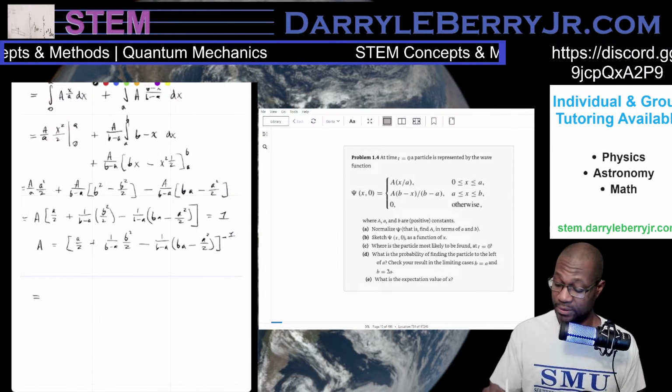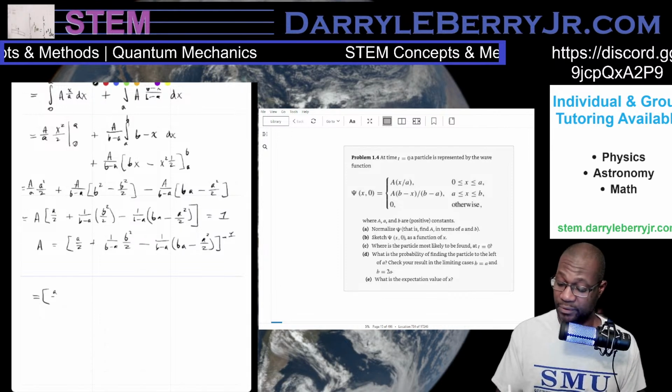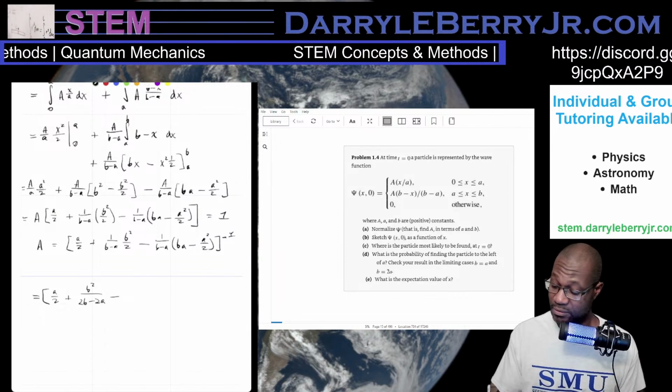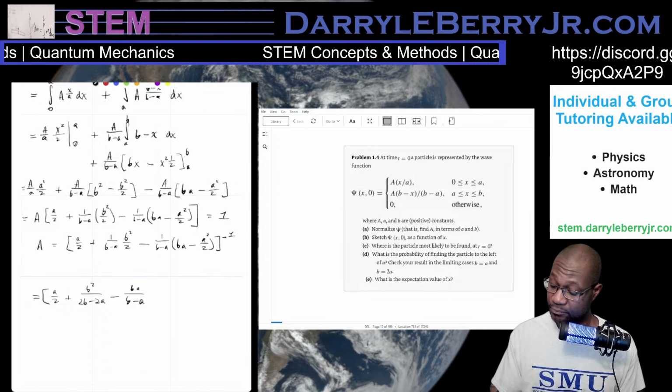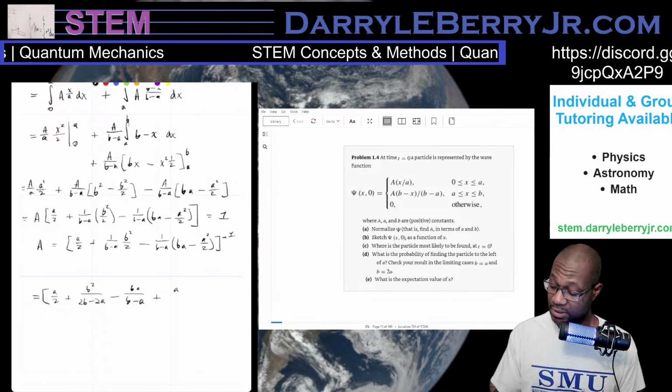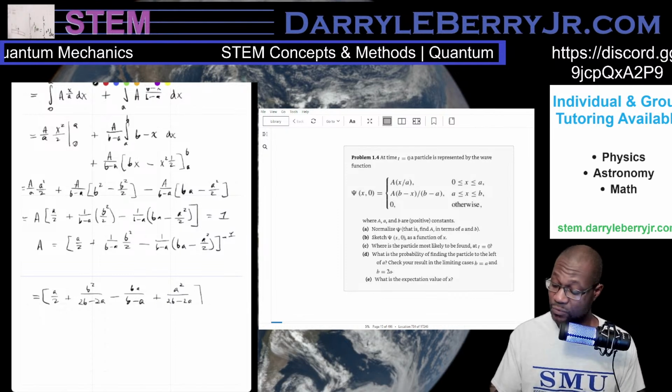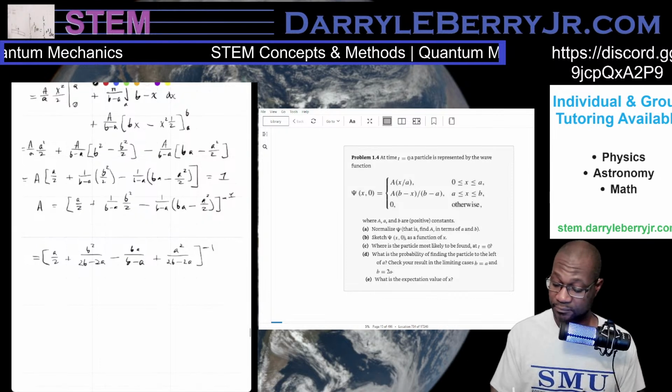It might be just to do it. So we have a over 2 plus b squared over 2b minus 2a, minus ba over b minus a, plus a squared over 2b minus 2a, all to the inverse 1.